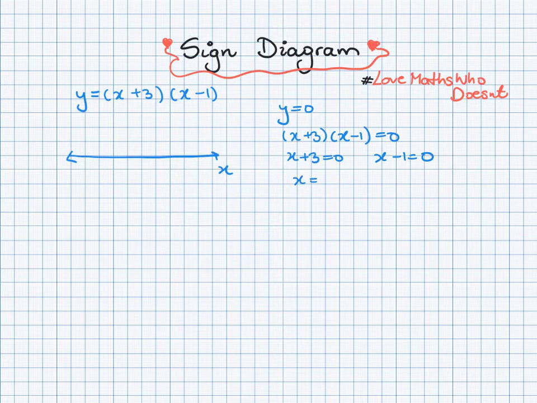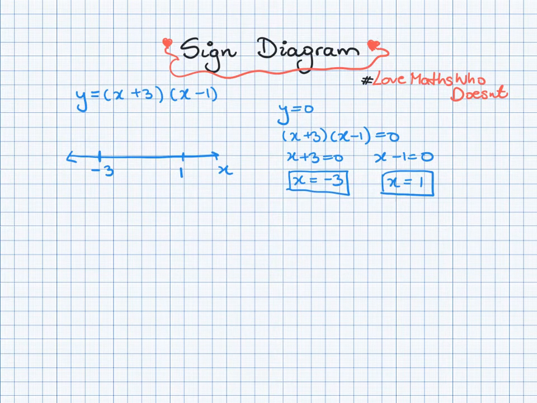Now we have to solve this using algebra. So this would give us x equal to negative 3. I'm not going to go through how to move numbers from one side to another, but if you need to revise that, you're more than welcome. And x is equal to 1. So this function is equal to 0 when x is equal to negative 3 and when x is equal to 1.